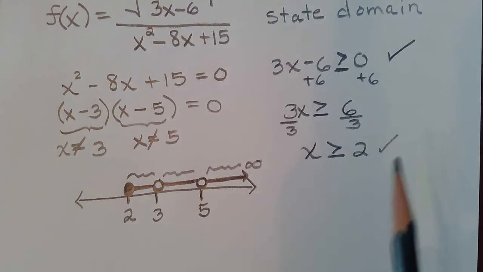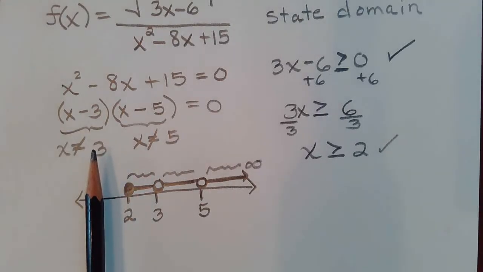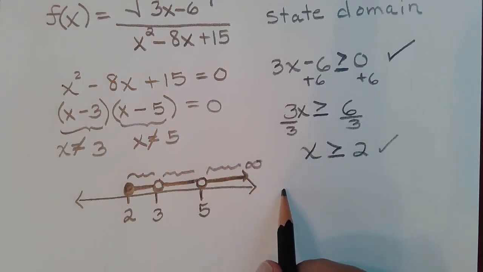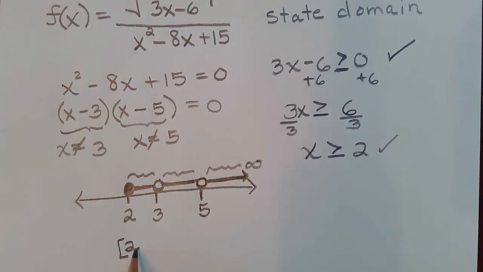Stating that in interval notation, we read these allowable and non-allowable numbers from left to right. So starting with 2 is allowable, which is why I've put it in a bracket, all the way to, I'm naming the interval 2 to 3. 3 is not allowable. Jump over the 3 using a union symbol.